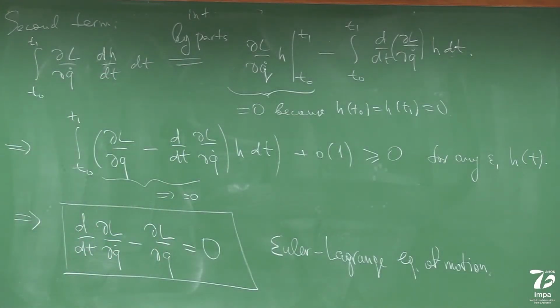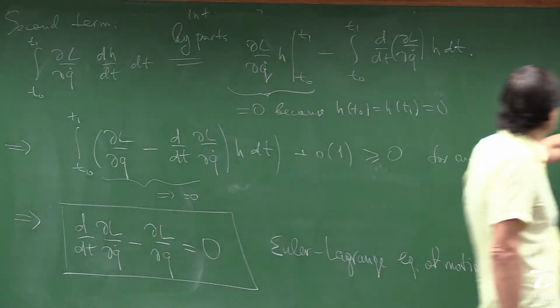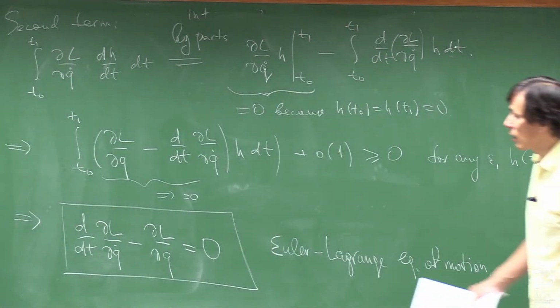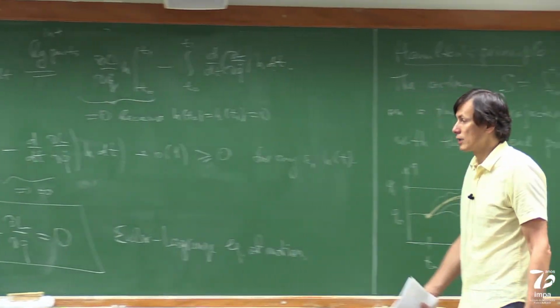So you see, we did quite a successful step. We started with the principle which just tells you something should attain a minimum, and we ended up with an equation, which is already something concrete.